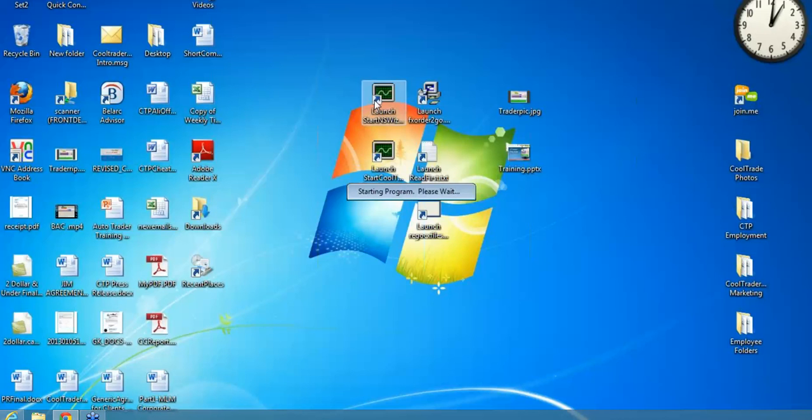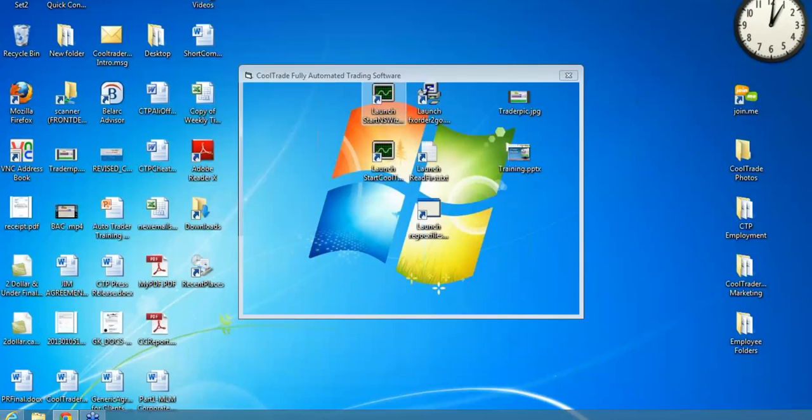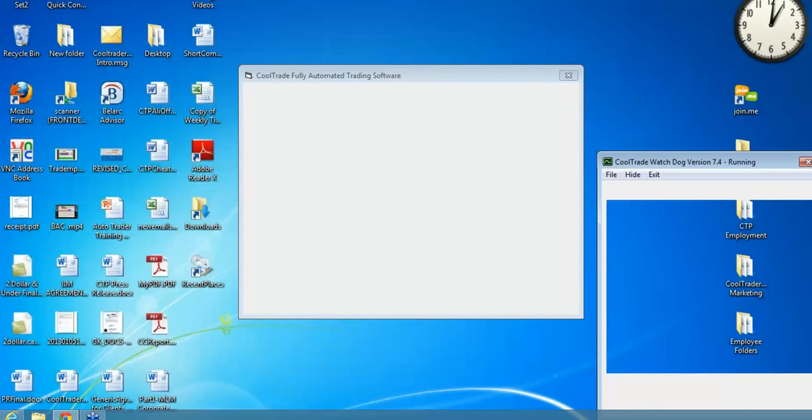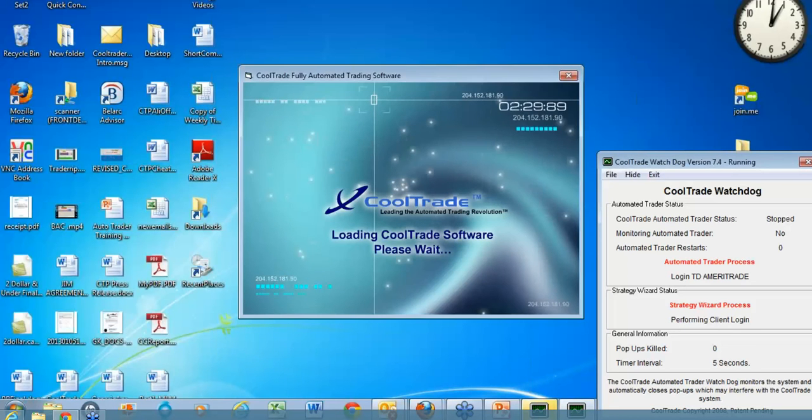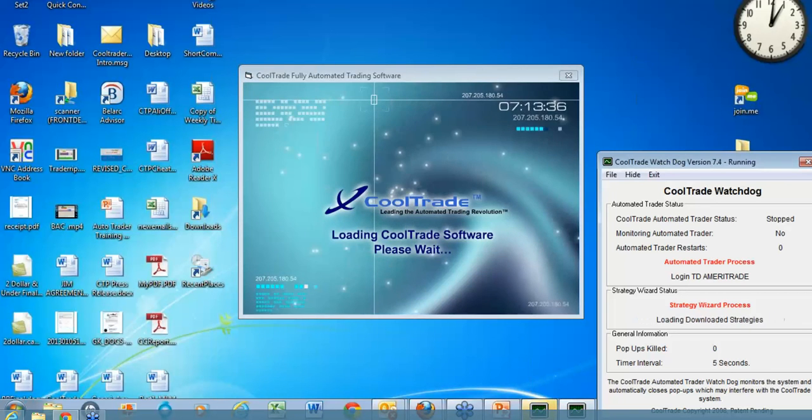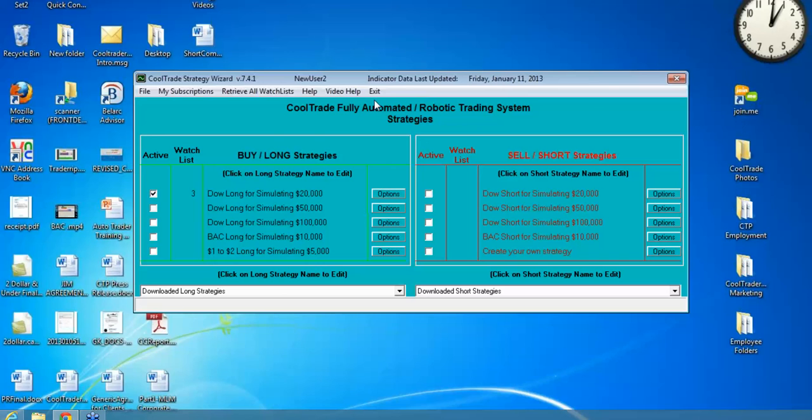Over the years, if you were one of the original people that bought the system in 2005, there were no strategies. So it was really a platform for people that were active traders that really knew what they were doing to be able to build a strategy from scratch and have the robotic trader carry out that strategy for them. That was what it was really designed to do.